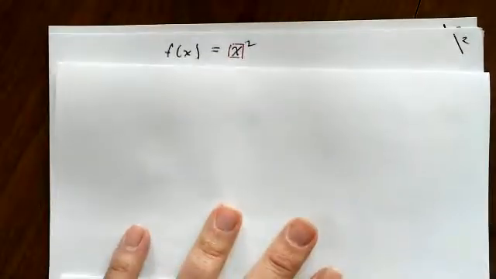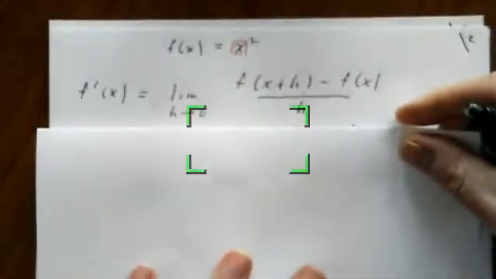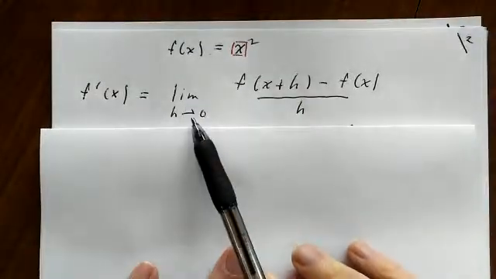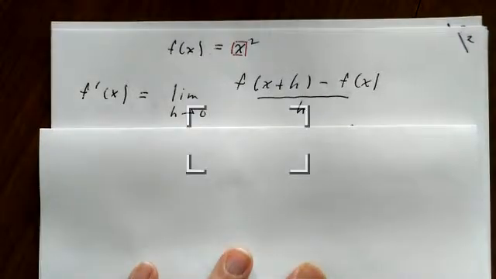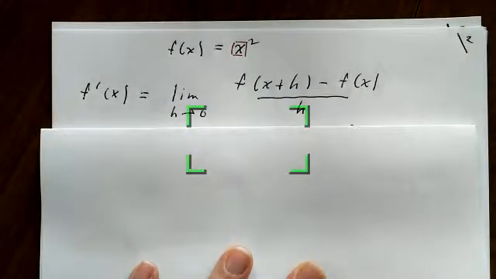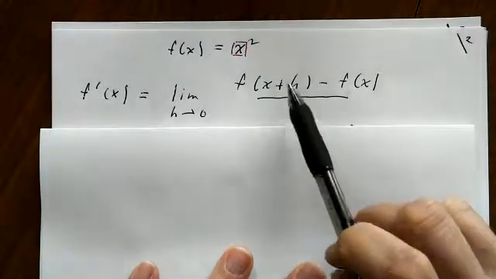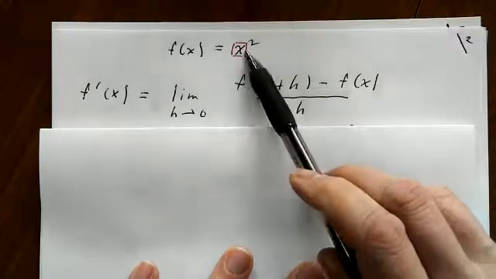So here's f of x equals x squared, and the derivative function definition from the previous page is that f prime of x is the limit as h goes to 0, f of x plus h minus f of x, all divided by h.